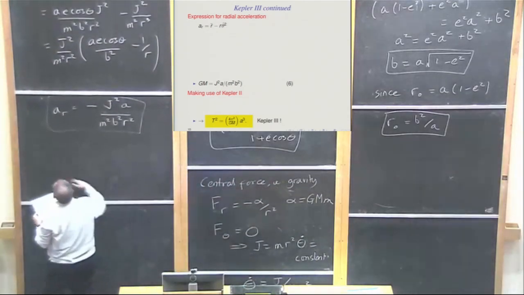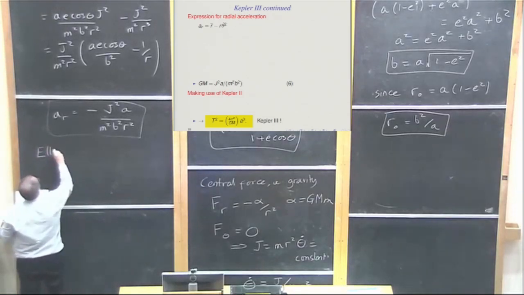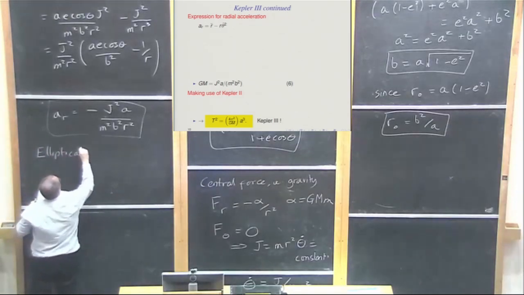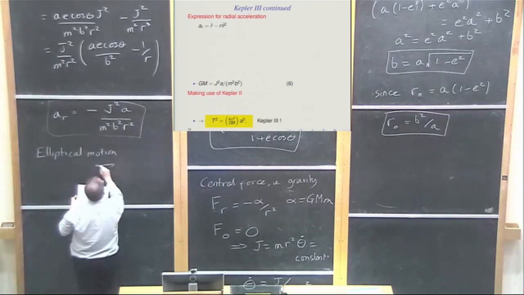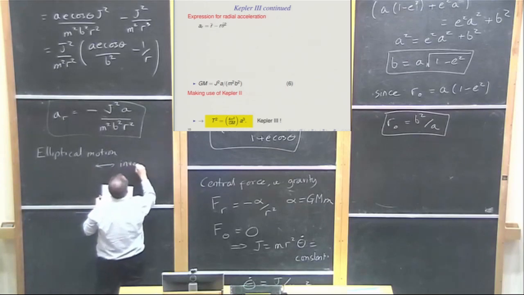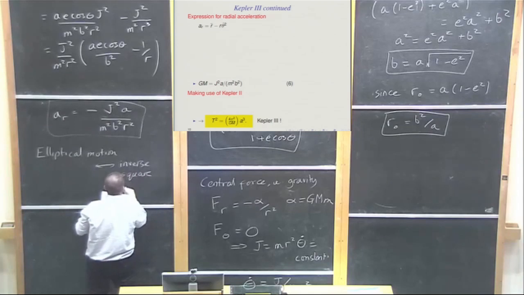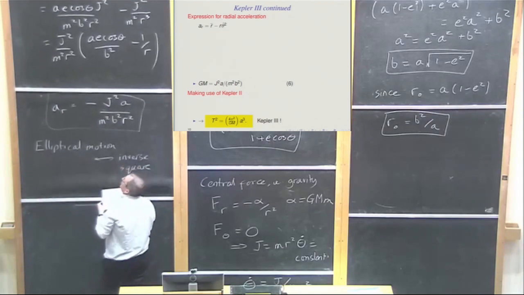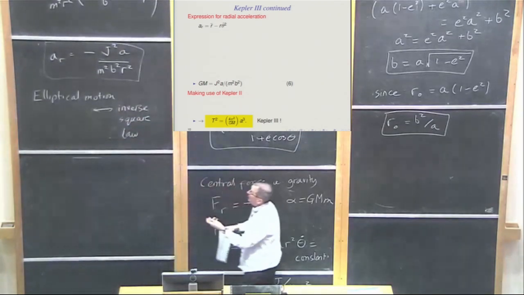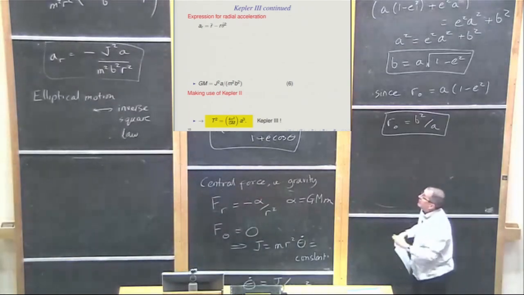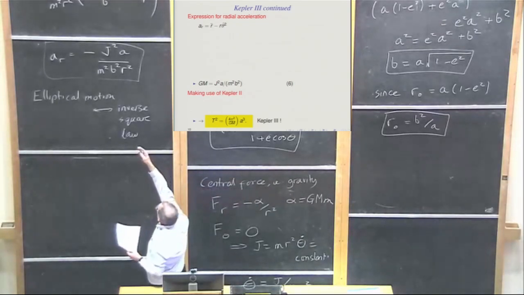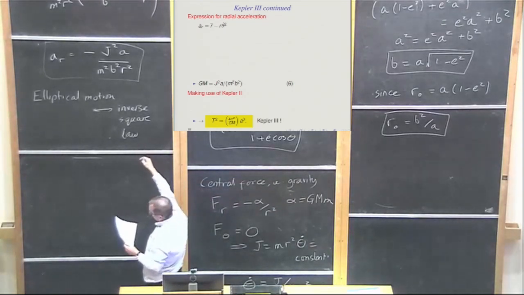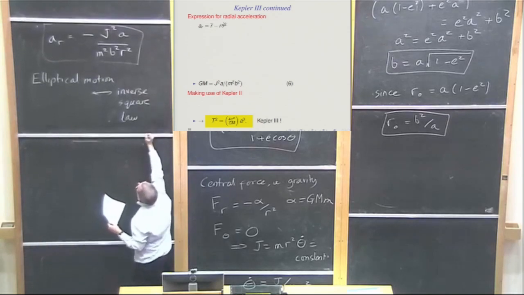So we see that the solution of elliptical motion has led to an inverse square law, which should not be surprising because it's all a cheat, because the solution of elliptical motion we actually got at the start of the lecture from solving the inverse square law equation. But it's still good to see as we work through this that we have recovered that relation. So we're in good shape.